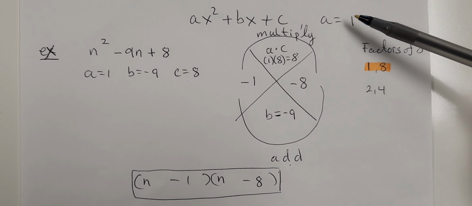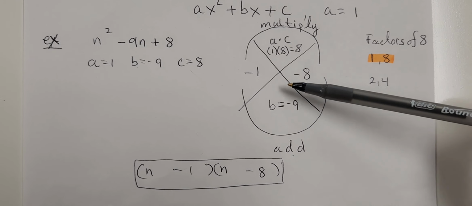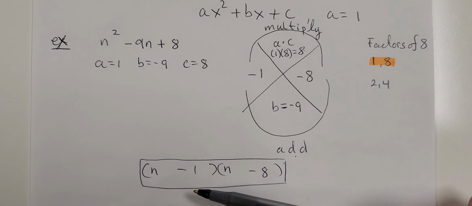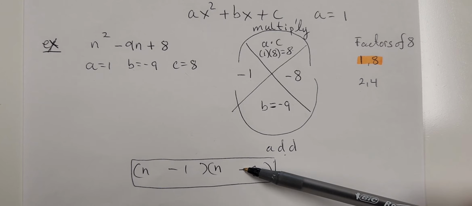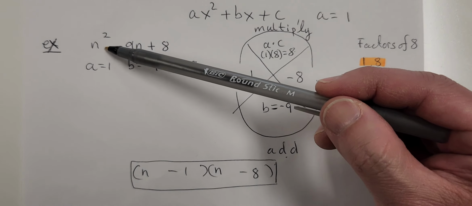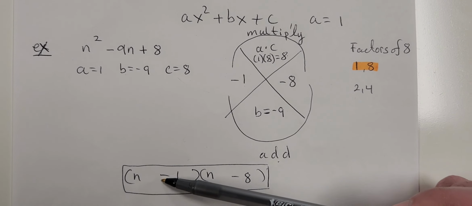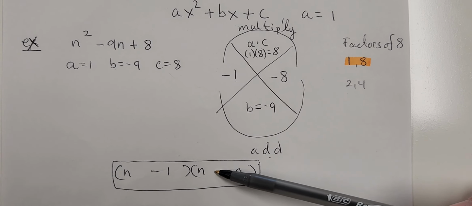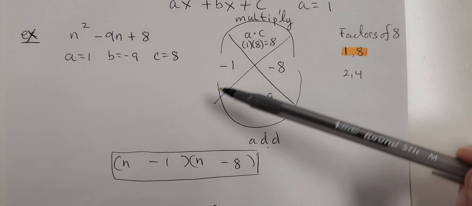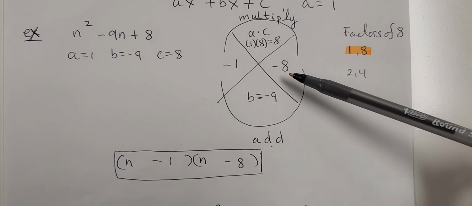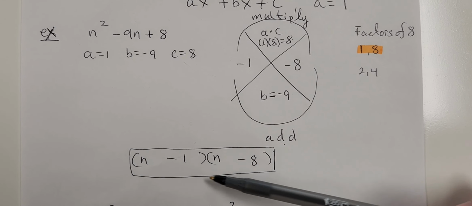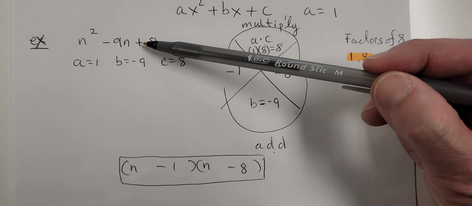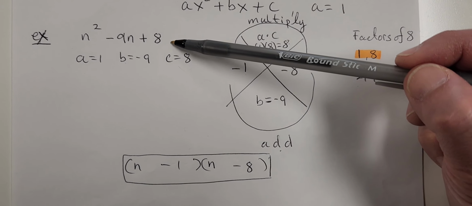When a is 1, this process is done. And this is the final answer to n squared minus 9n plus 8.